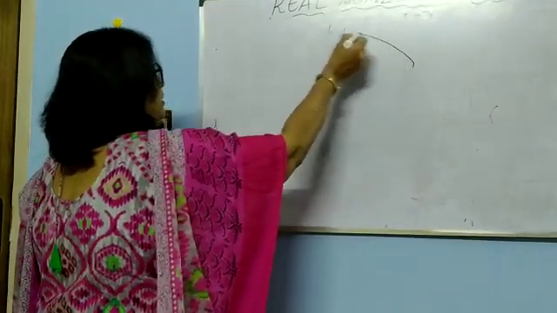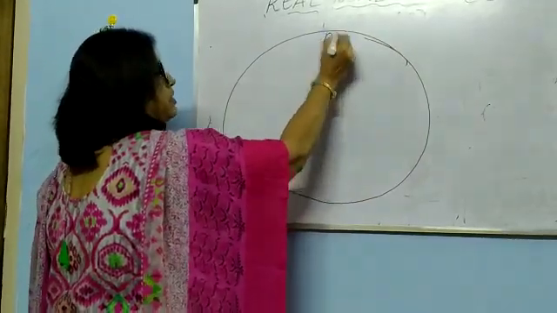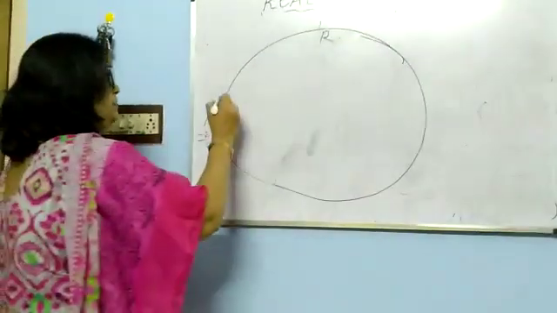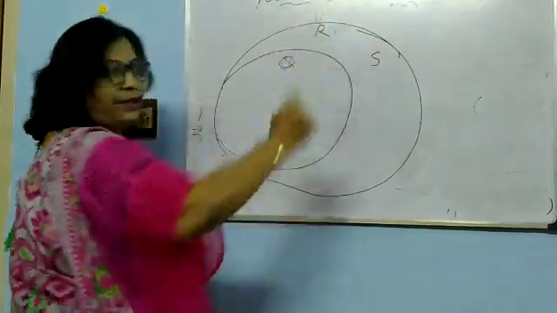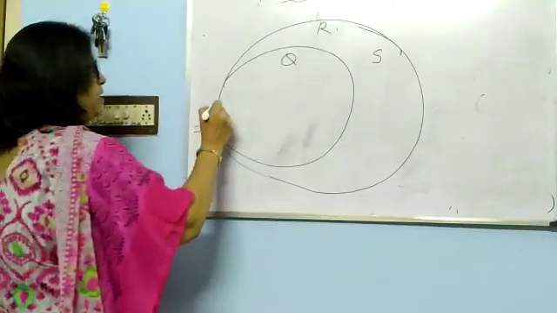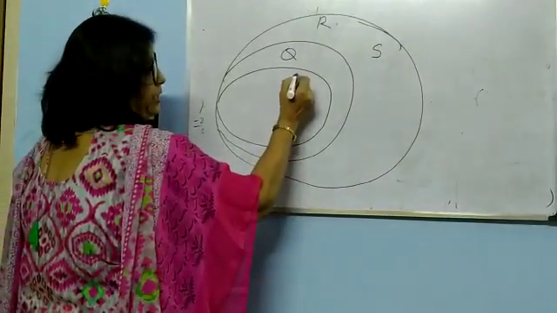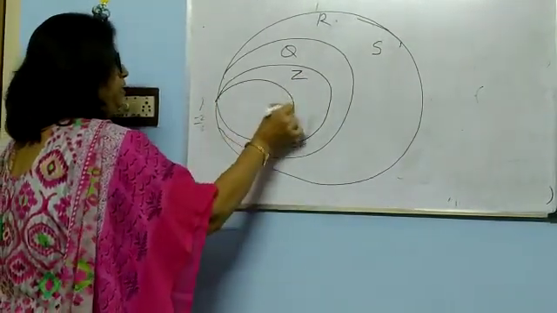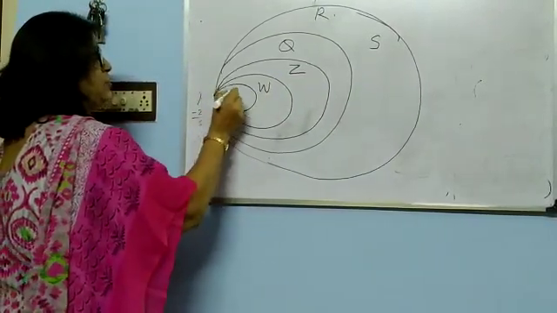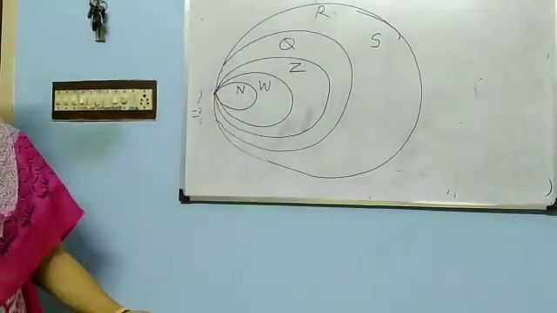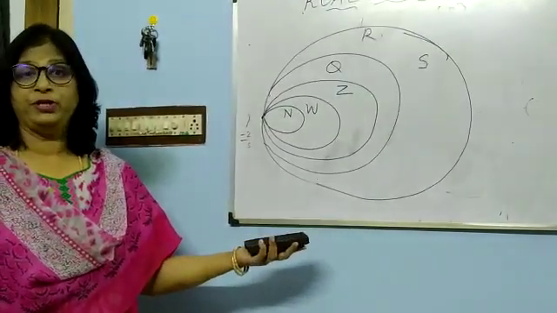So this whole circle is real numbers, and here I have rational numbers and irrational numbers, and these rational numbers include all integers, and these integers include whole numbers, and whole numbers include natural numbers. So this is what real numbers are. Now next we shall go into some properties of real numbers.